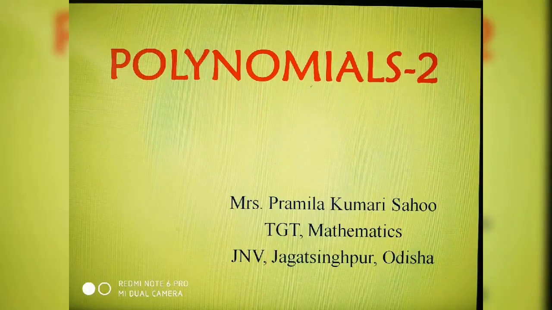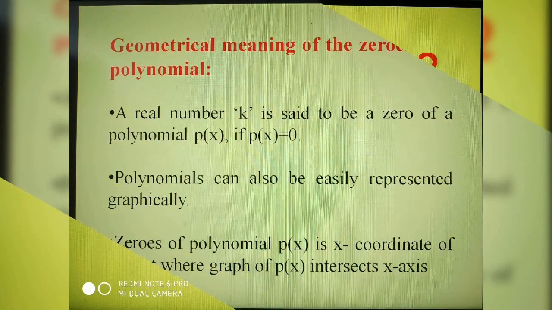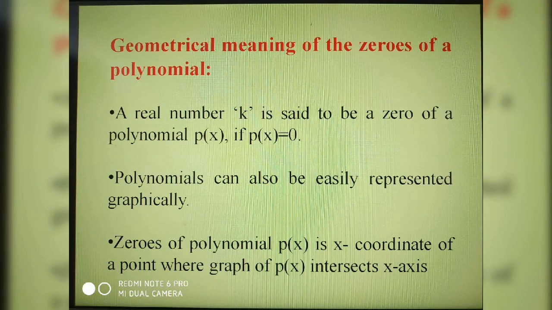Dear students, let us learn the second part of polynomials, that is the geometrical meaning of the zeros of a polynomial. So what is the geometrical meaning of the zeros of a polynomial?